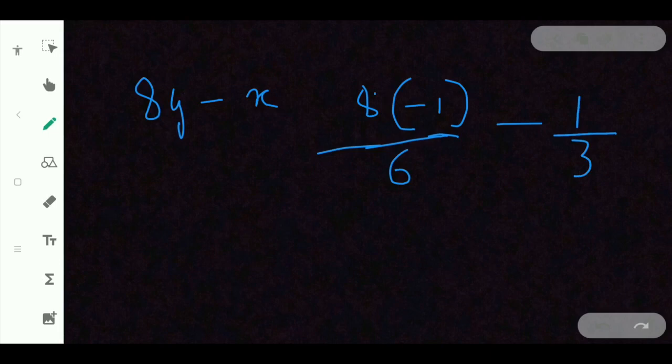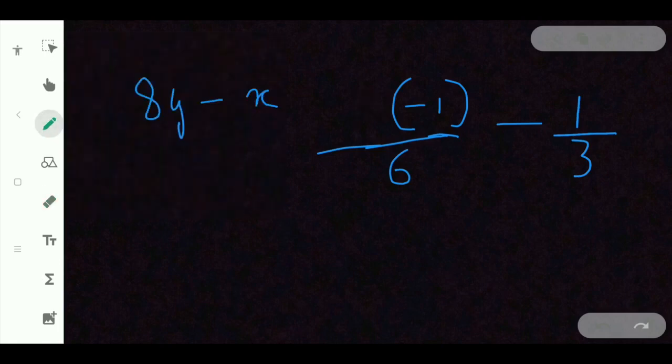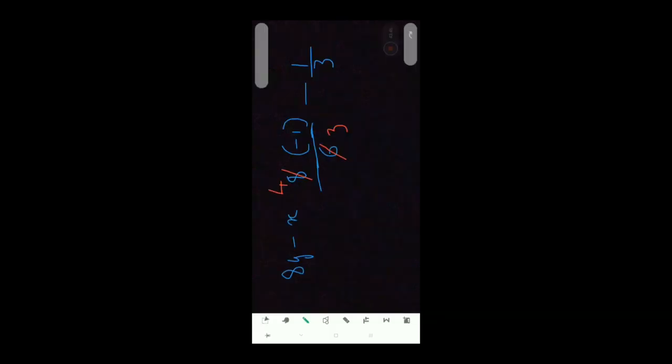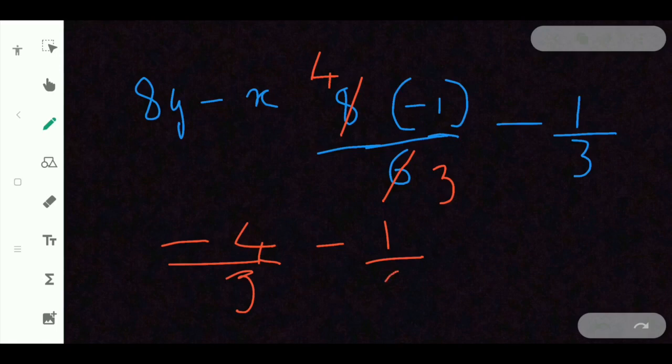So here we can cancel. Six goes to 3 and 8 goes to 4. So we are getting 4 into minus 1, that is minus 4 by 3 minus 1 by 3, minus 4 minus 1 is nothing but minus 5 by 3.